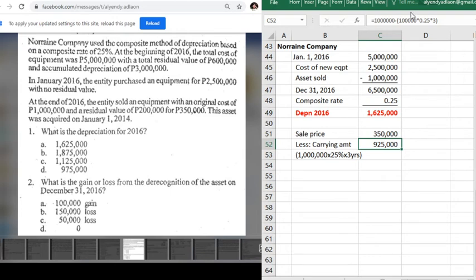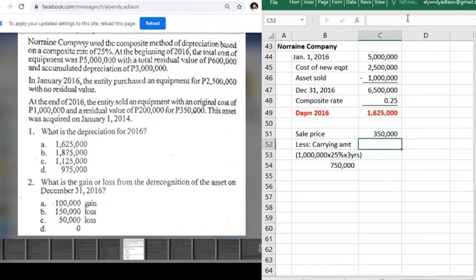Okay, let me just check because there could be a mistake. So there is a mistake with regards to the computation of the annual depreciation. Let us compute it again. We have 1 million multiplied by 25% multiplied by 3 years. So that should be 750,000.